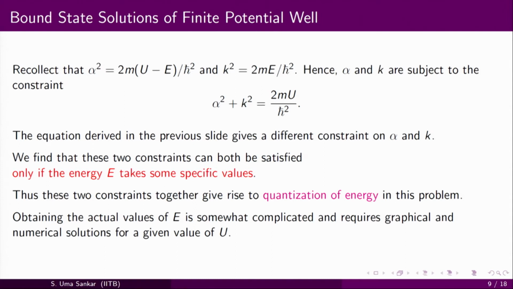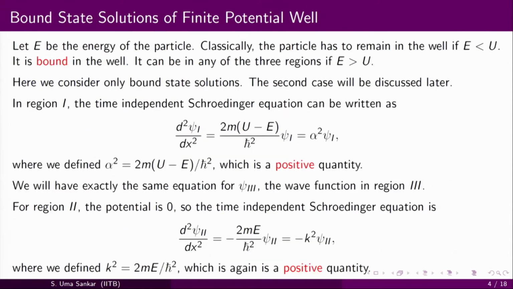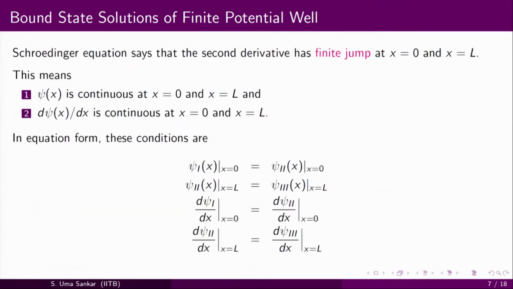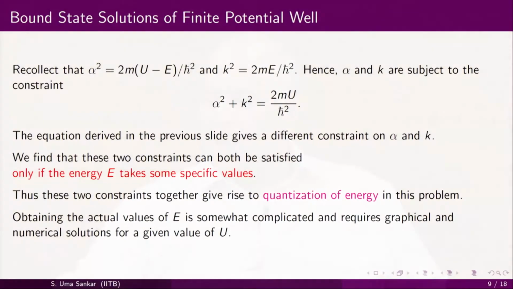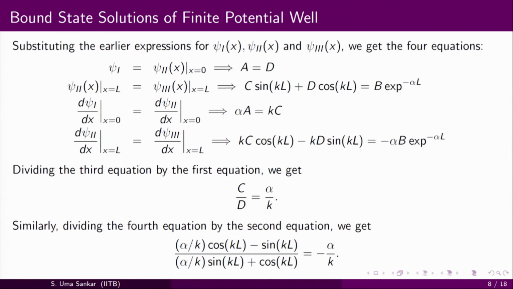Remember, if you see a few slides ago, alpha square is 2m times (U minus E), the whole thing divided by h cross square, and k square is equal to 2mE by h cross square, which means alpha and k are not independent, but together they are bound by this constraint: alpha square plus k square is equal to 2mU by h cross square.